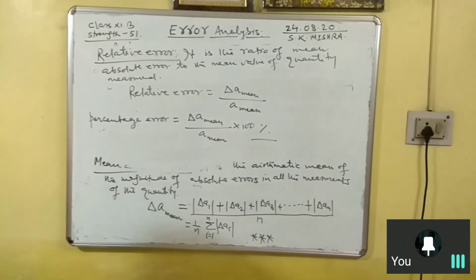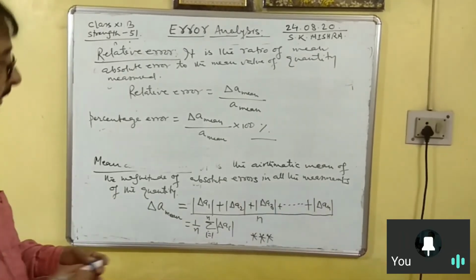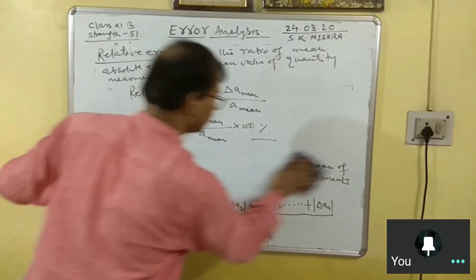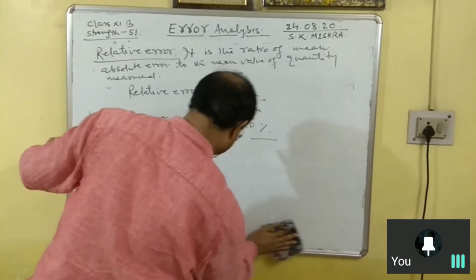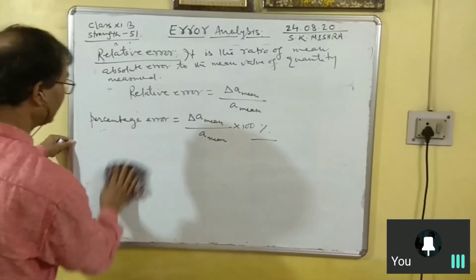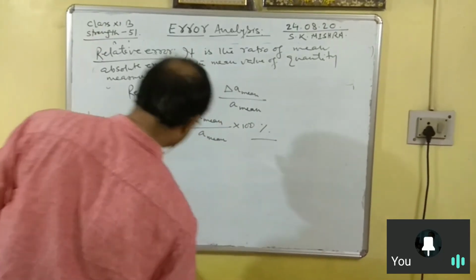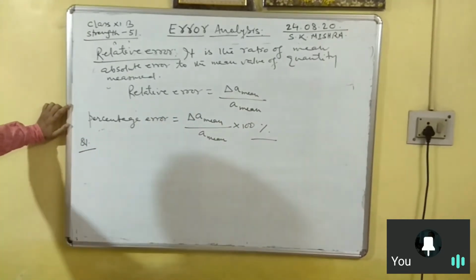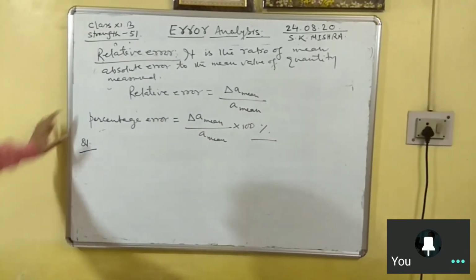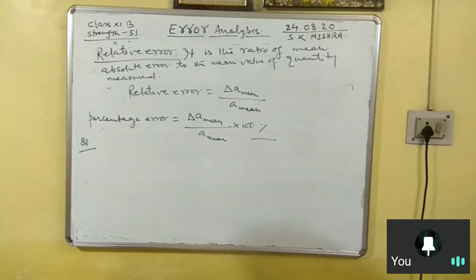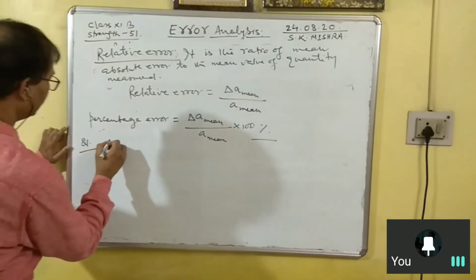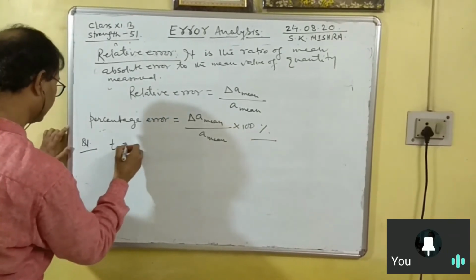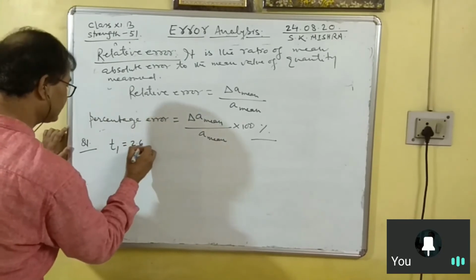Now before we go further, let me solve one problem, and I think this is the problem from your textbook. So you are going to measure the time period of a simple pendulum. I am not going to write the whole question, now I am dictating. Suppose the time period of a simple pendulum, you have taken it several times, and suppose the time period comes to be T1 is equal to 2.63 second.